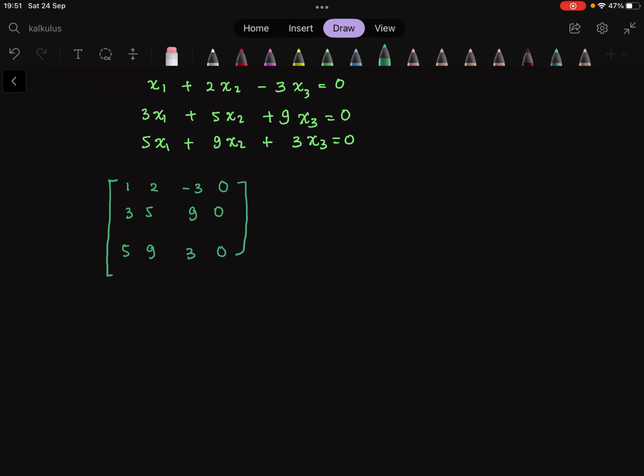So using row reduction, R2 becomes R2 minus 3R1, and R3 becomes R3 minus 5R1.